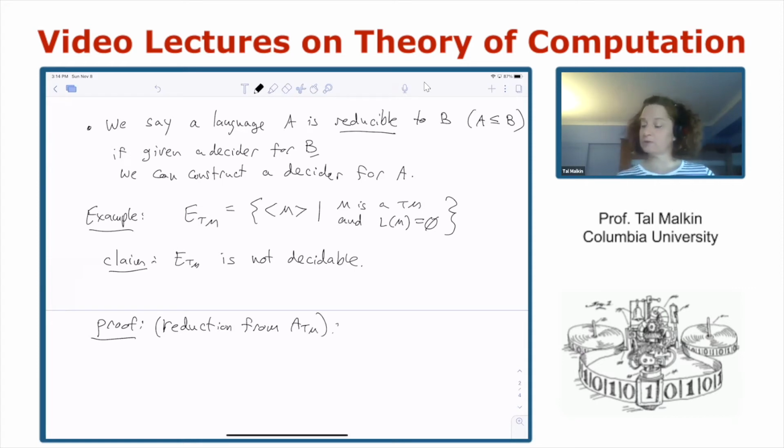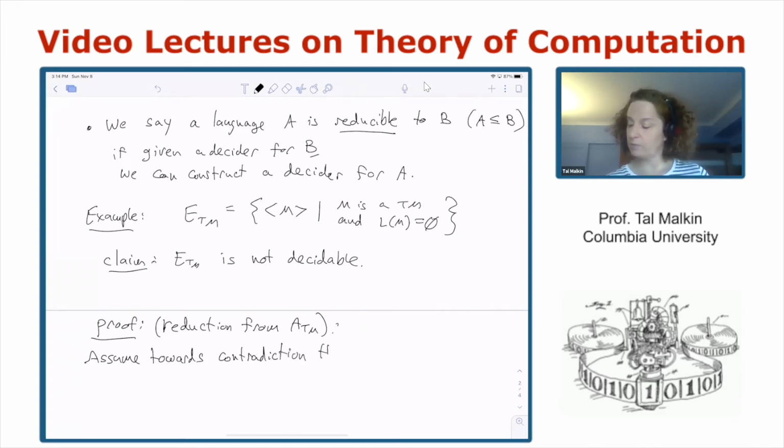So I will say assume towards contradiction that I had some decider for ETM. That there is a decider, let's call it R, deciding ETM.